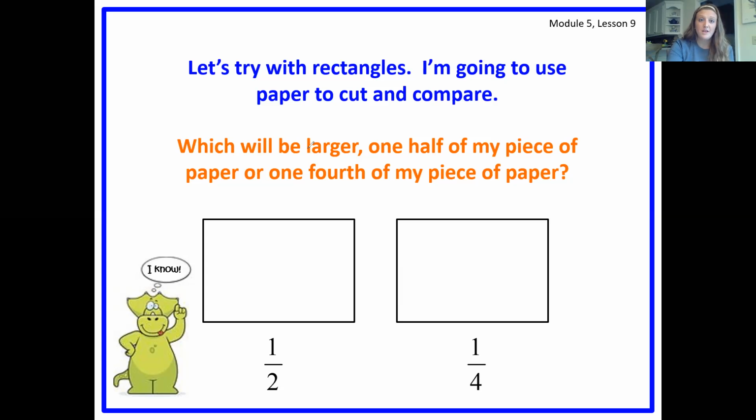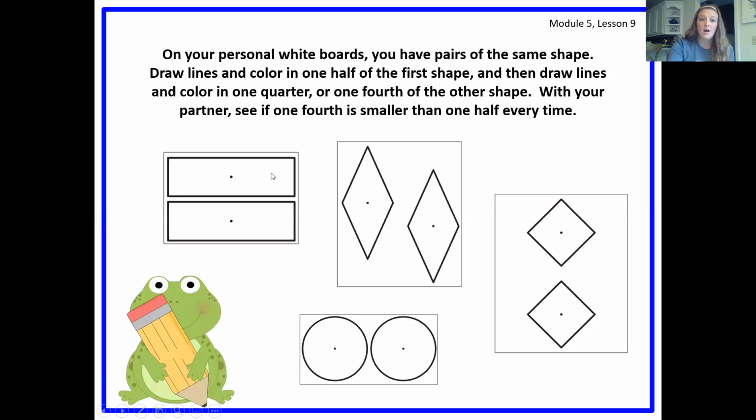Okay, so let's go ahead and look at our, on your own, you have some of these shapes on your page 159. I want you to use that dot in the center. You're going to draw lines and color in 1/2 of the first shape, and then draw 2 lines and color in 1/4 of the second shape.